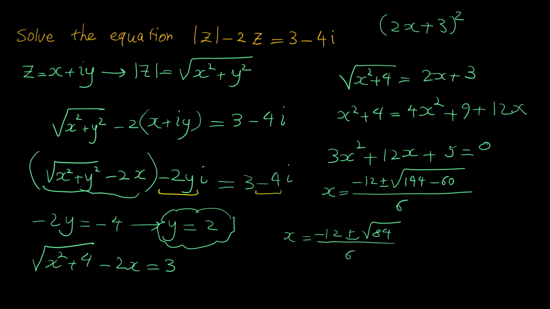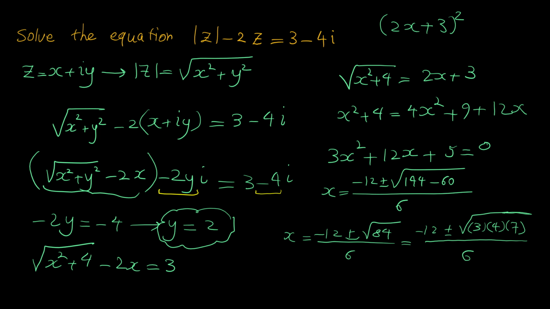For the square root of 84, you can write it as 12 times 7. 12 is 4 times 3, so basically we can write this as -12 plus minus radical 3 times 4 times 7 all over 6.